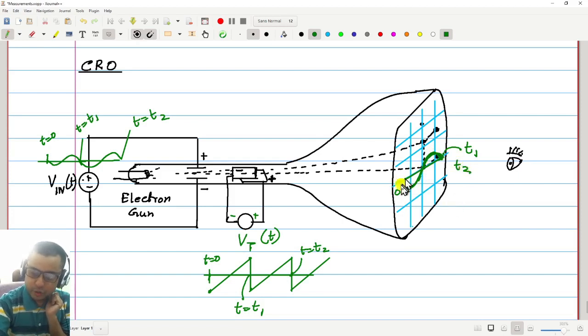This way the beam will continue to move like this again and again, and on the screen we will see a curve like this, because this dot is moving so fast that we cannot see the dot, we will see it moving continuously.